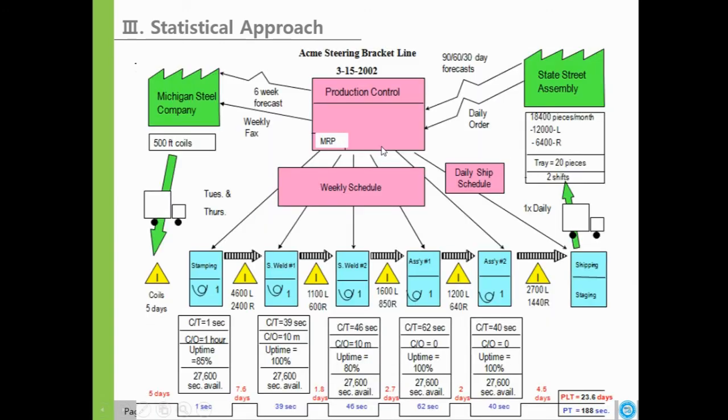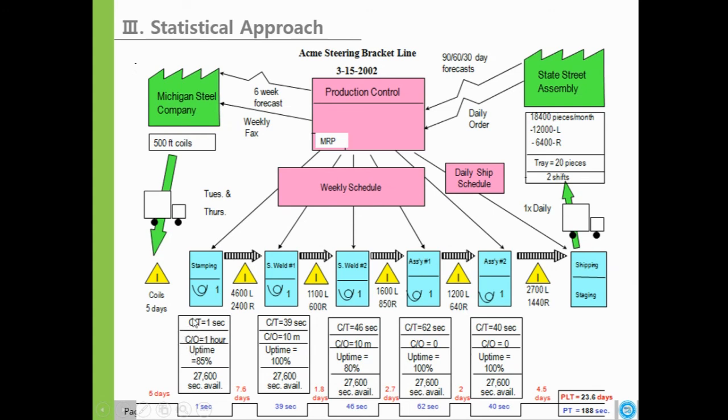This is a sample: production control. This is supplier. This is customer. And there will be a weekly schedule by MRP. These are the processes: stamping, welding, assembly. This is cycle time, changeover.